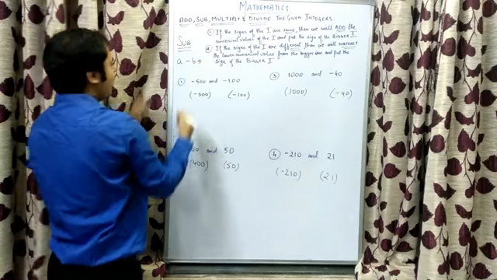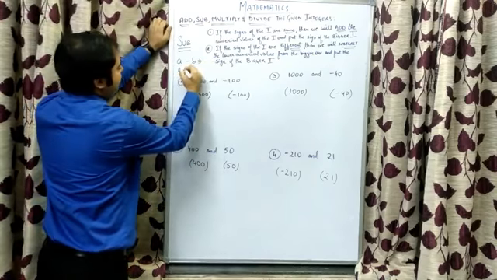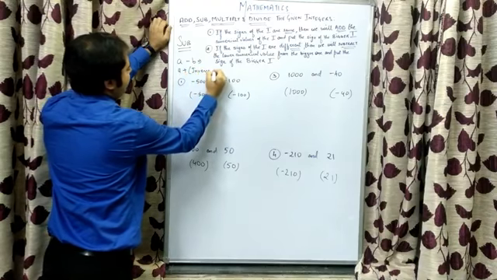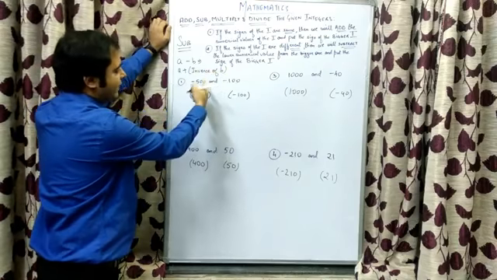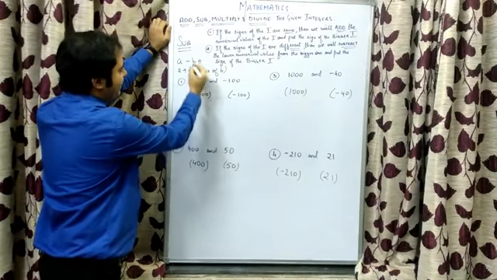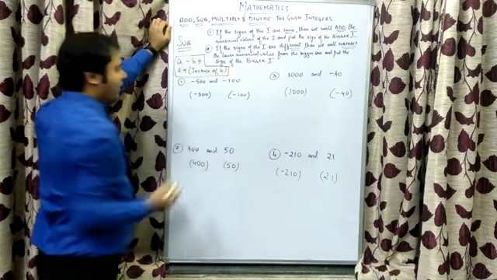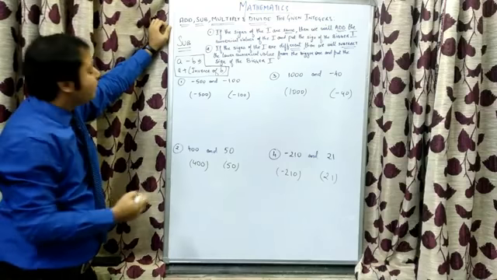This can also be solved using the additive inverse method, that is a plus inverse of b. We'll study about inverse later on, but this is also one method for doing subtraction of integers, right? We'll follow a simple method that I have taught you just now.